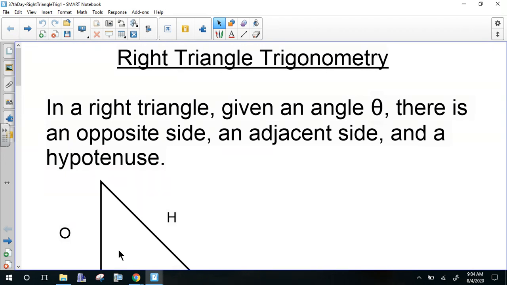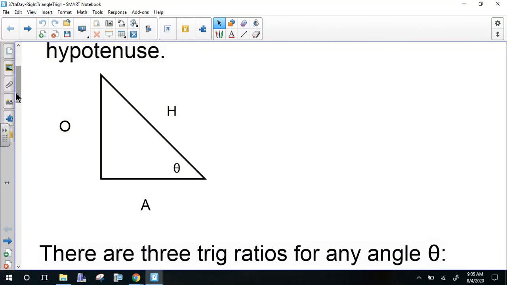In a right triangle, if we're given an angle, which we'll call theta, there's an opposite side, an adjacent side, and a hypotenuse. Here's what it looks like. Here's our angle down here, theta.